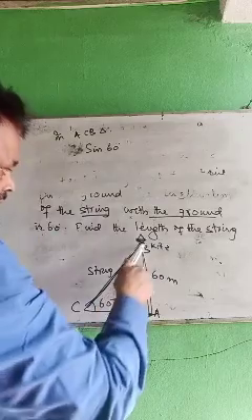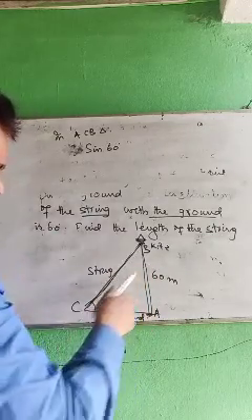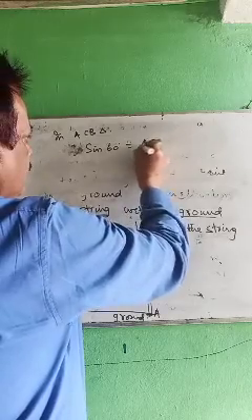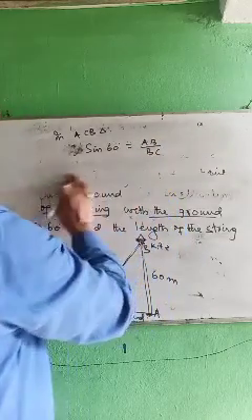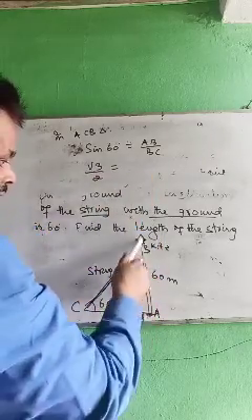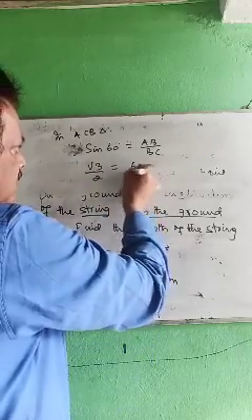Sine 60 degree, perpendicular by hypotenuse, AB by BC. Sine 60 value is √3/2. AB value is 60.